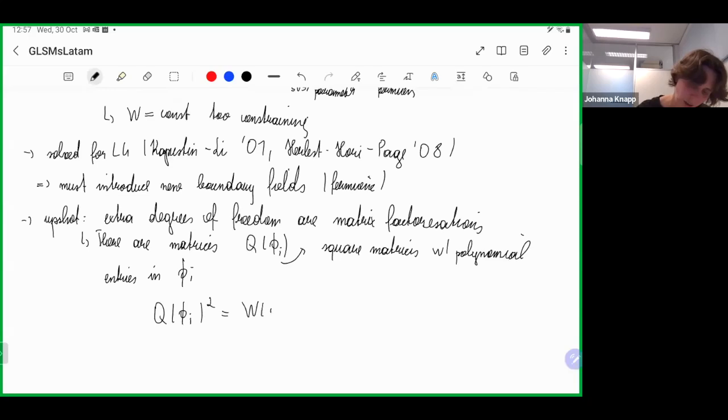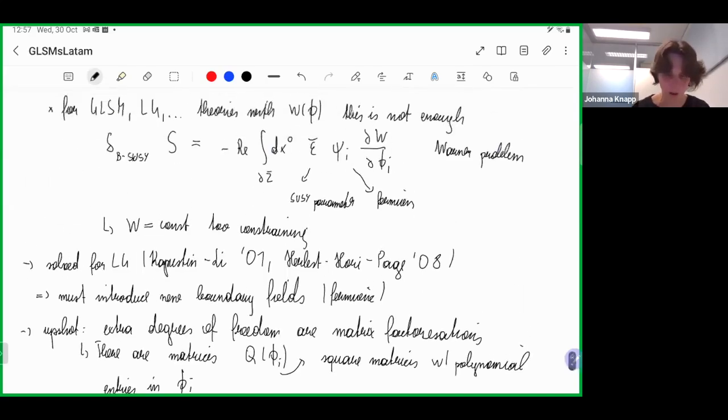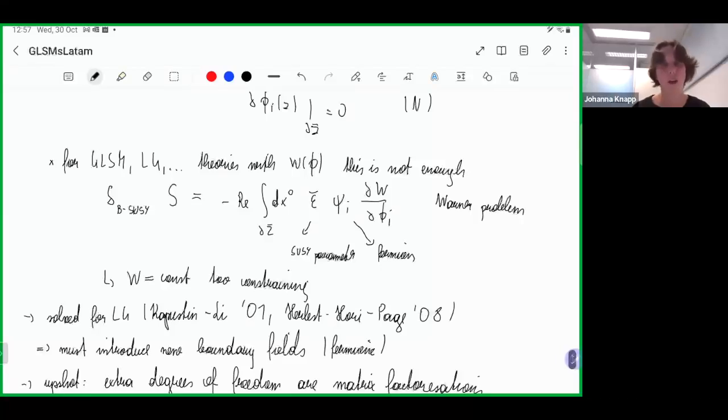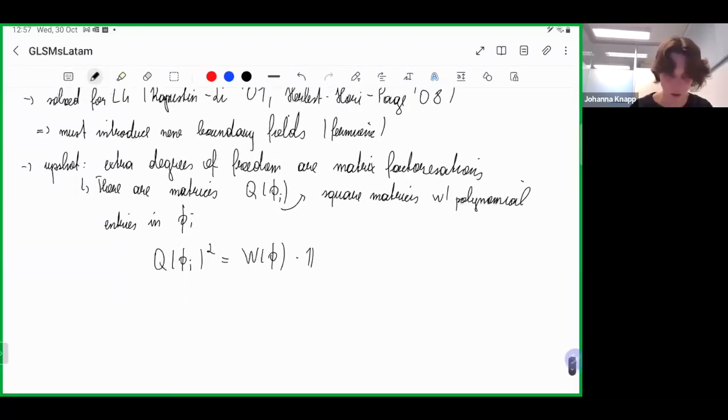And that gives me back the superpotential times an identity matrix of a suitable size. So you can derive this condition from this recipe I gave above, compute the SUSY variation, and introduce additional degrees of freedom that only live on the boundary, that you add onto the action such that the combined bulk boundary action cancels this term. And that leads you to the matrix factorization condition.